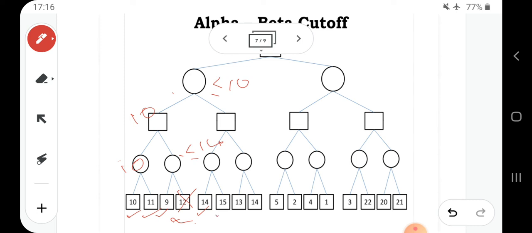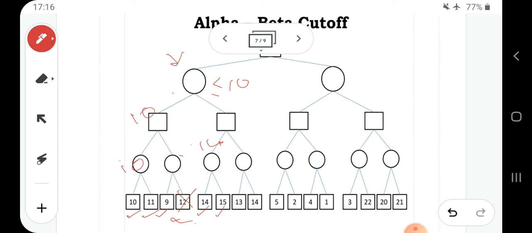So we will also check if it gets a lesser value than 14, since we are under a minimizing node, so always it is looking for some minimum value. We will check for that, but it's not, it is 15. So this 14 becomes the final value.